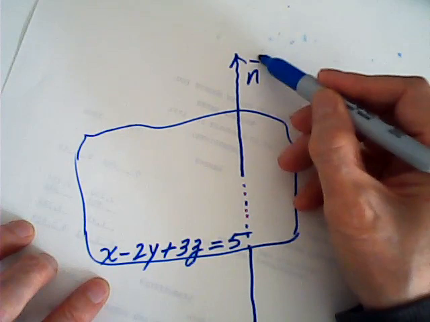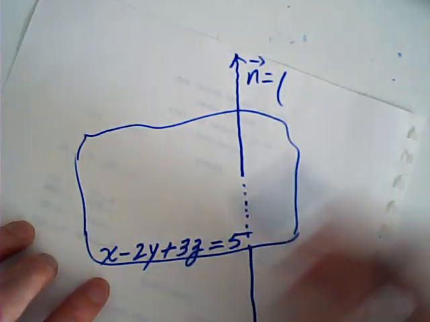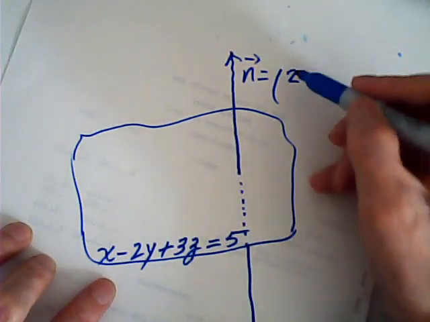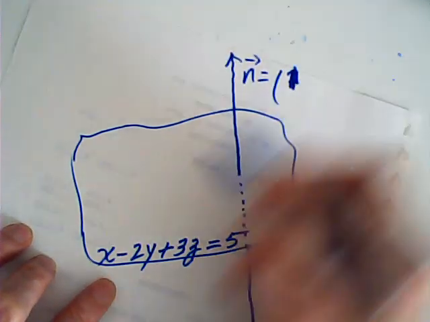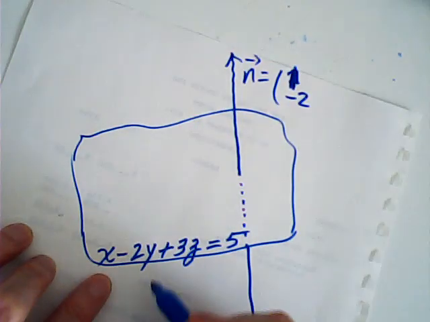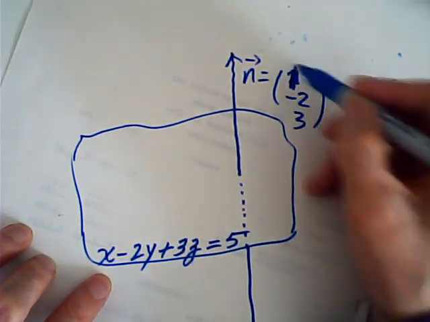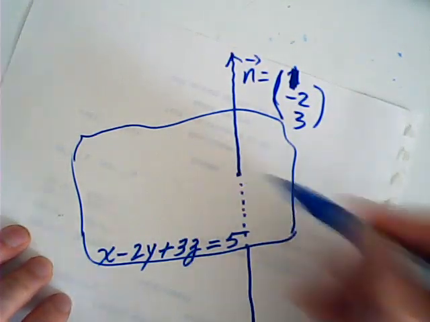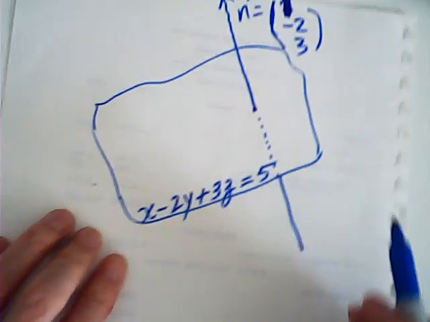The normal vector is equal to (1, -2, 3). Okay, this is the normal vector of this plane, which means the vector perpendicular to the plane, right?